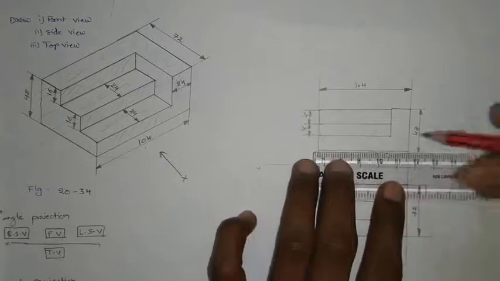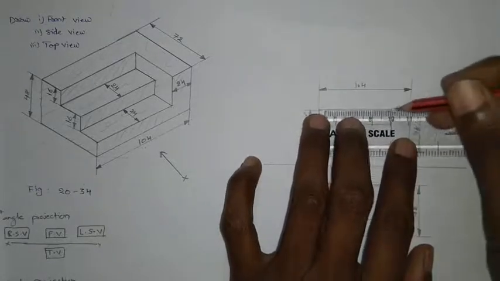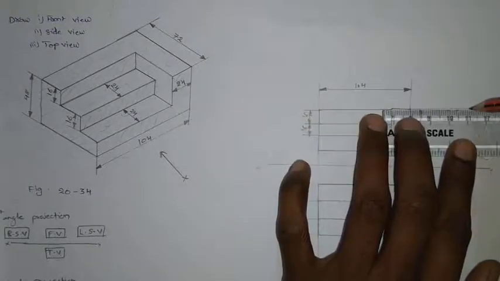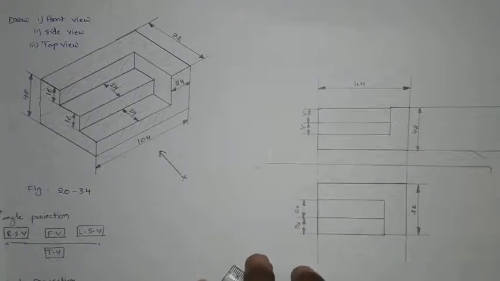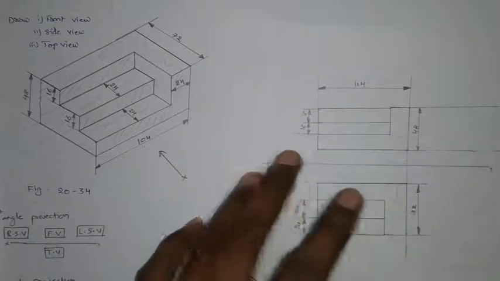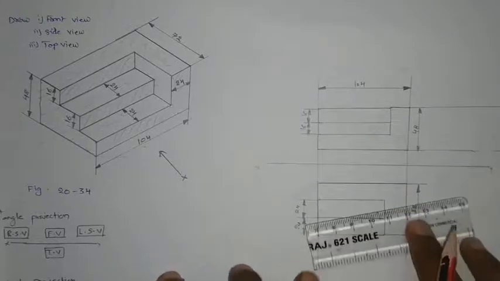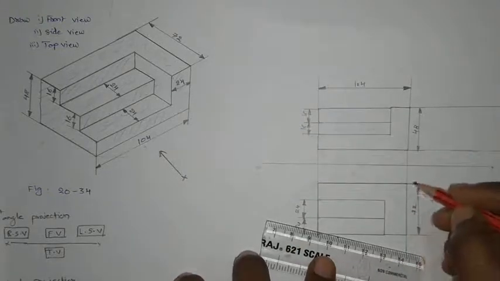So you can draw the positions from here like this, and from here you can draw a 45 degree line.